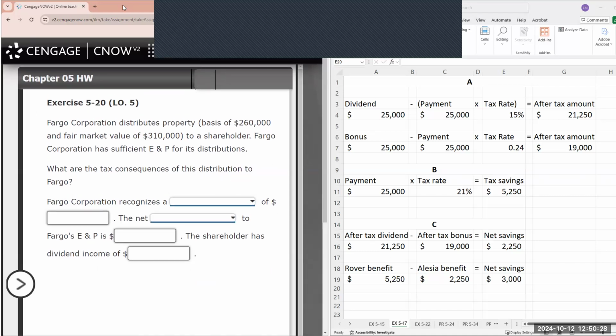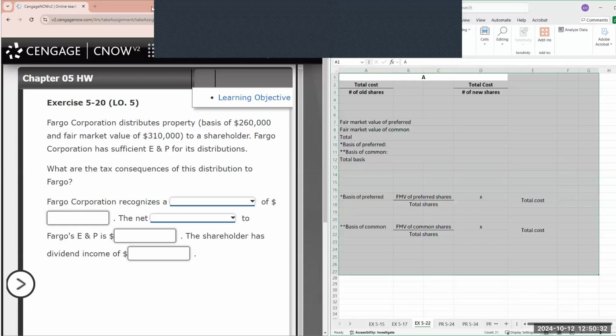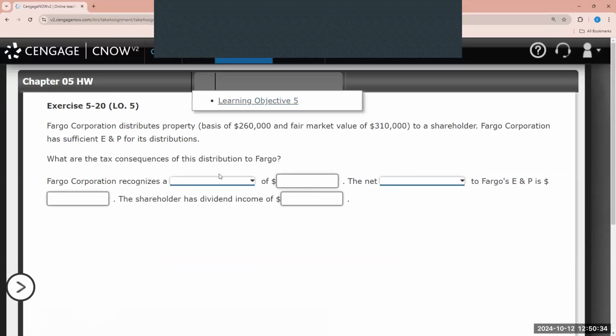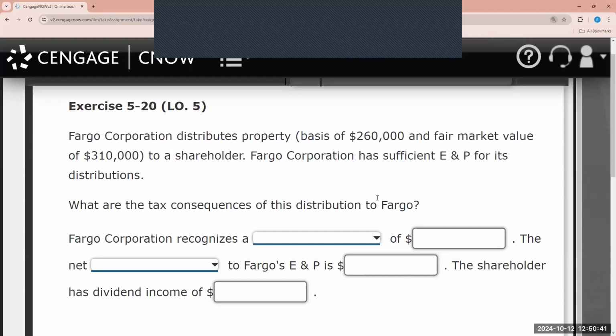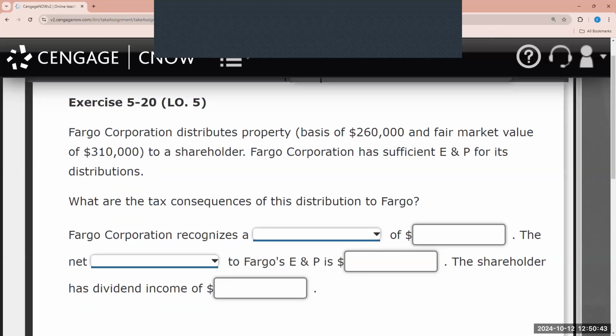In this question, it asks, Fargo Corporation distributes property with a basis of $260,000 and a fair market value of $310,000 to a shareholder. Fargo Corporation has sufficient E&P for its distributions.